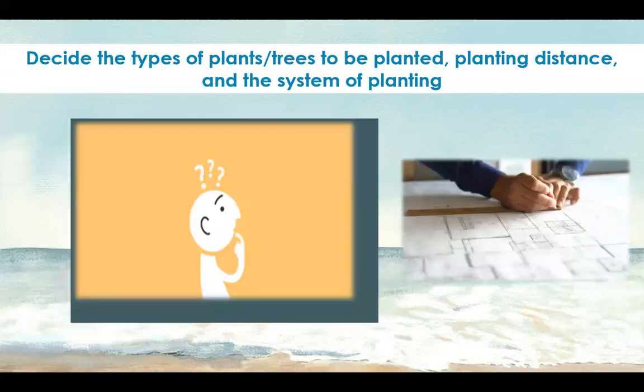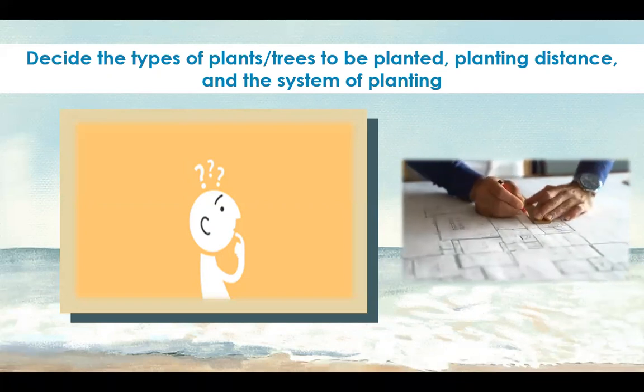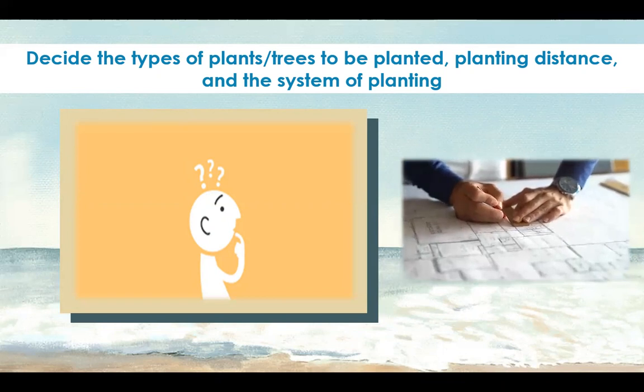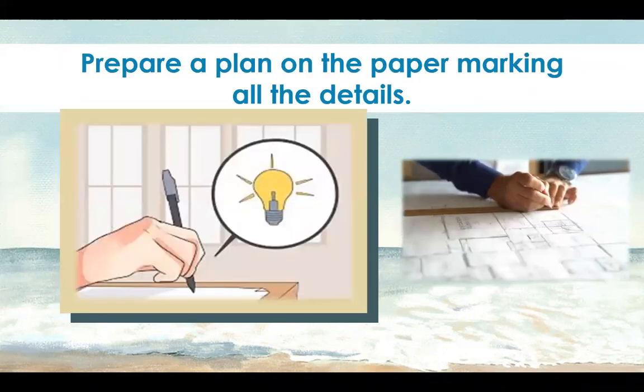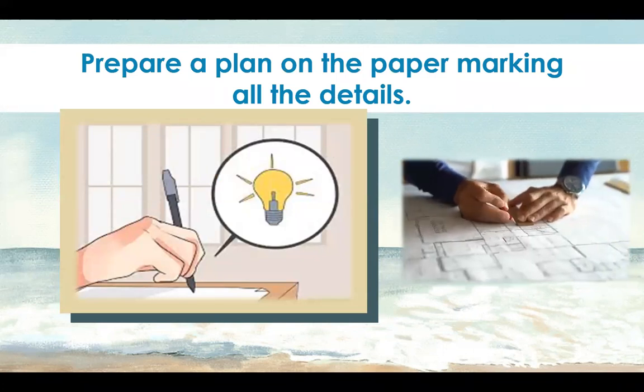Next, decide the types of plants or trees to be planted and then the planting distance and the system of planting. Third, prepare a plan on paper marking all the details.